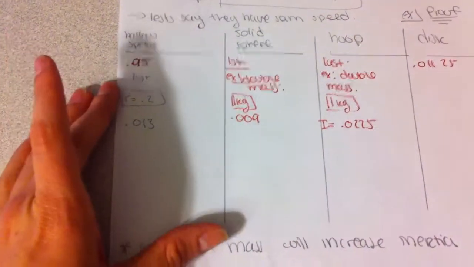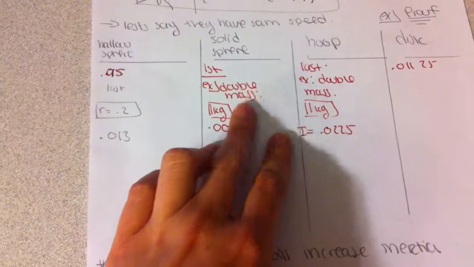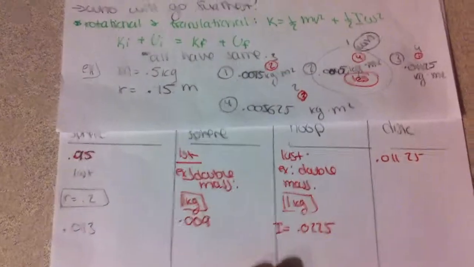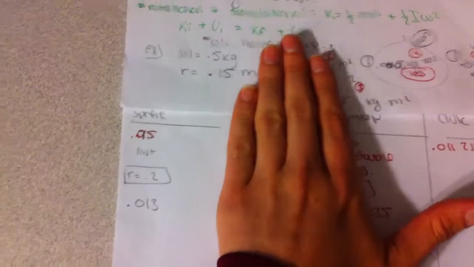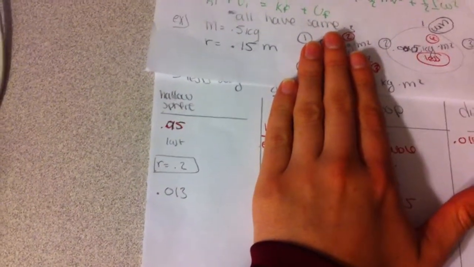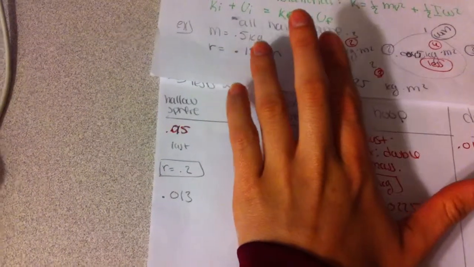I doubled the mass for each one, okay? So for the hollow sphere, I doubled the mass to 1 kilogram.